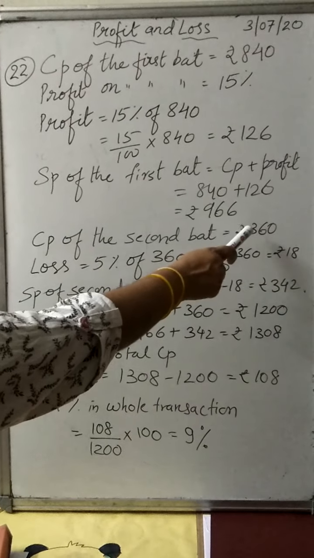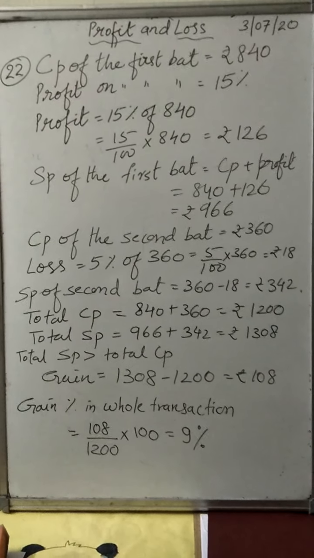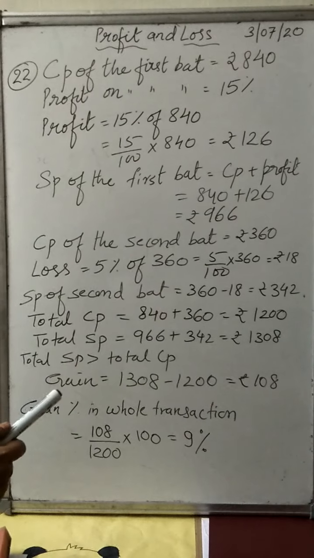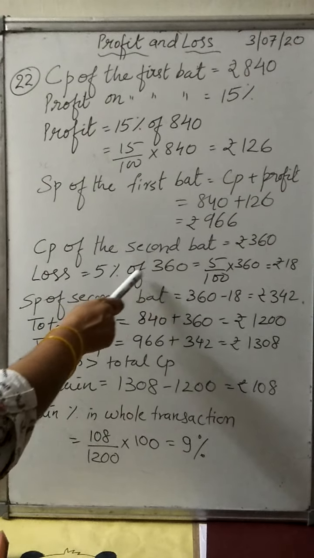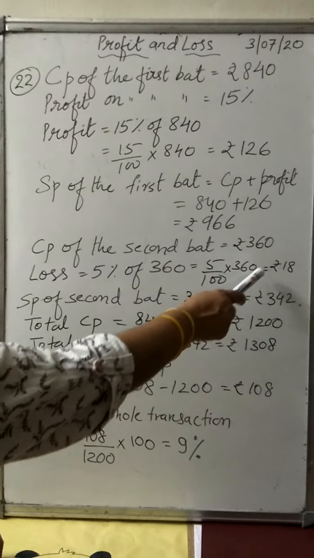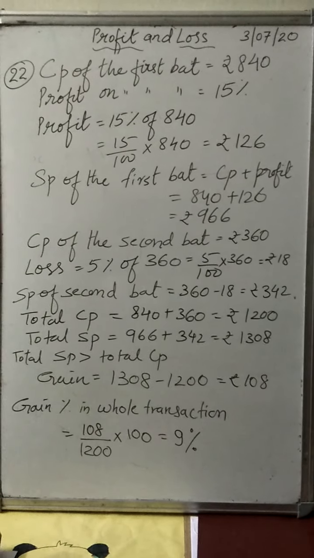It is rupees 360. He's having a loss of 5%. So we will calculate how much loss he has got. So loss is equal to 5% of 360. After calculation, you will get rupees 18 is the loss on the second bat.